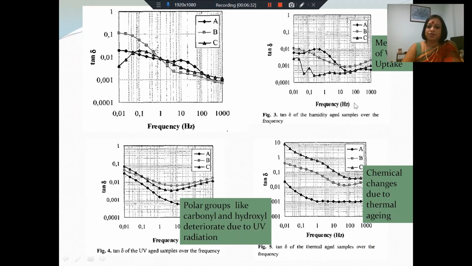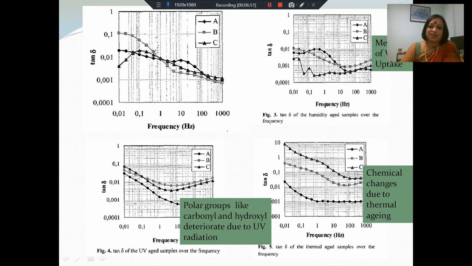In this case, in figure 3, we have aged the samples in humidity, which means we have exposed the materials to very high humidity conditions for a prolonged period of time. So probably there has been water ingress, and the water ingress would not be the same in all cases.